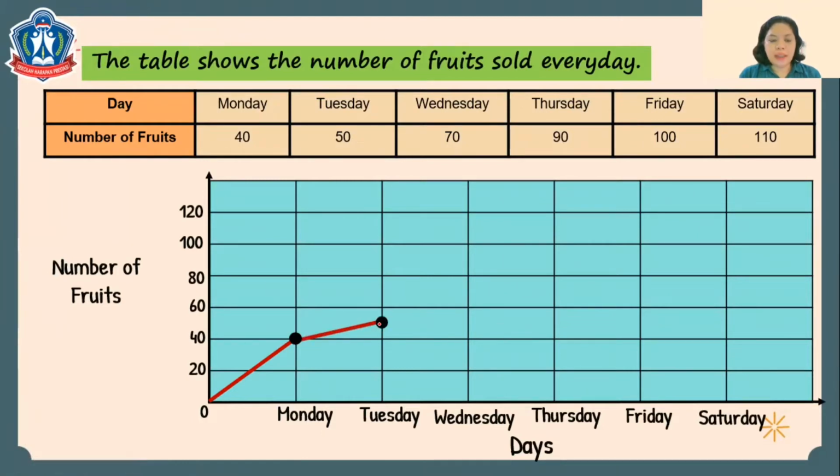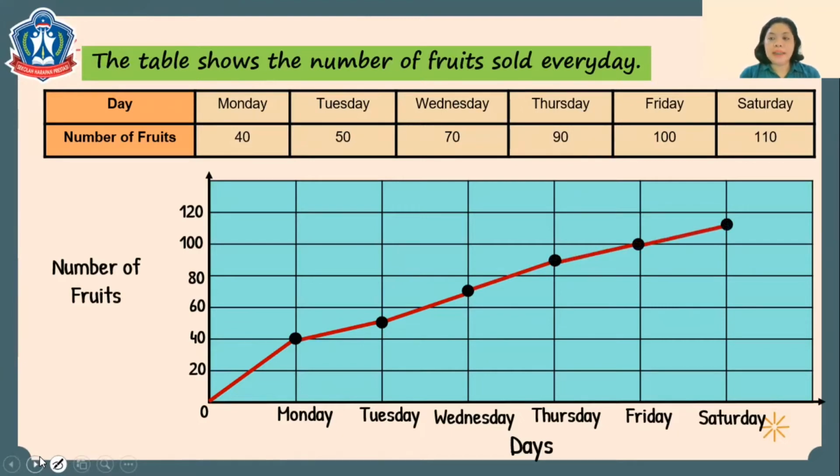We put it between 40 and 60 because the number of fruits ranges from 0, going up by 20. Then Wednesday, we have 70, between 60 and 80. Then Thursday is 90, Friday is 100 and Saturday is 110.